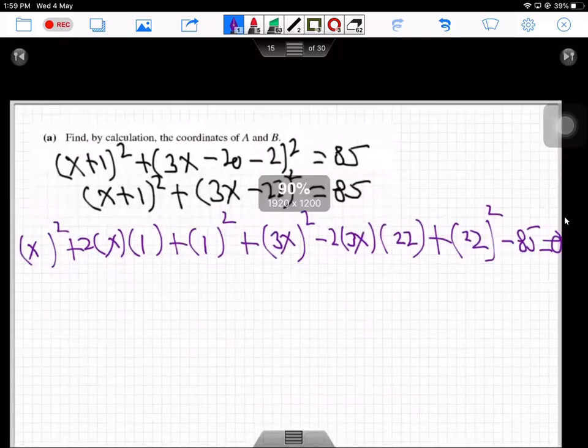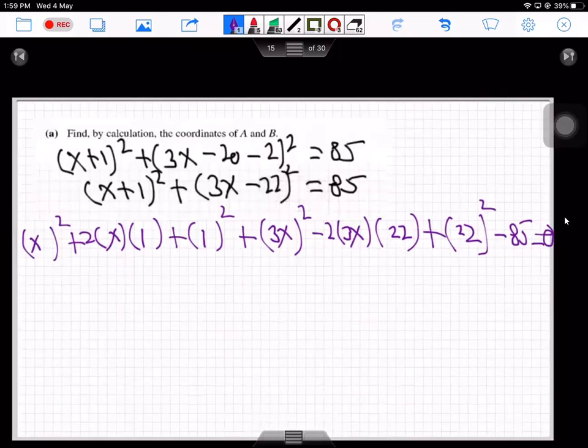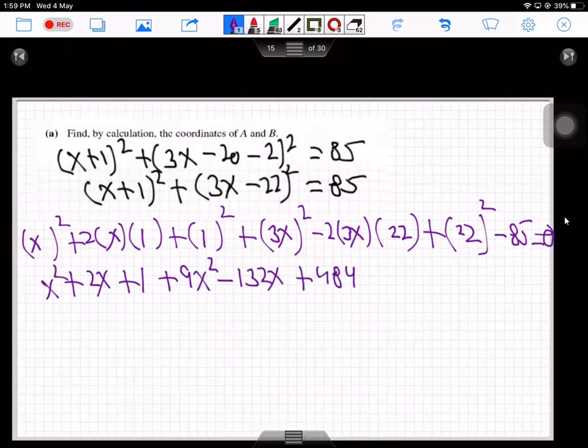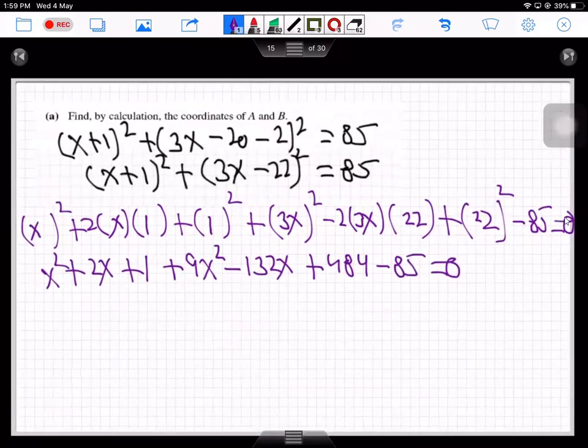Here you go. x² + 2x + 1 + 9x², and then 2 times 3 times 22, this is 132, so minus 132x, and then 22² is 484, and then minus 85, and this whole thing is equal to 0. Just simplify the terms and get a quadratic equation.